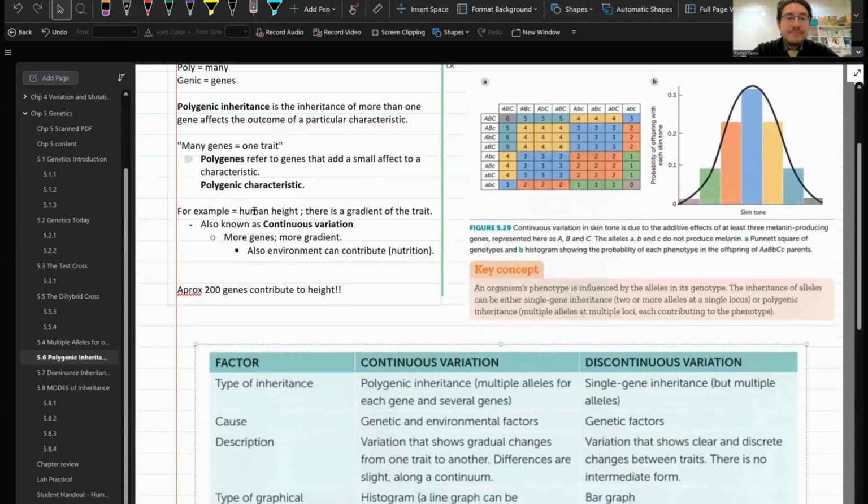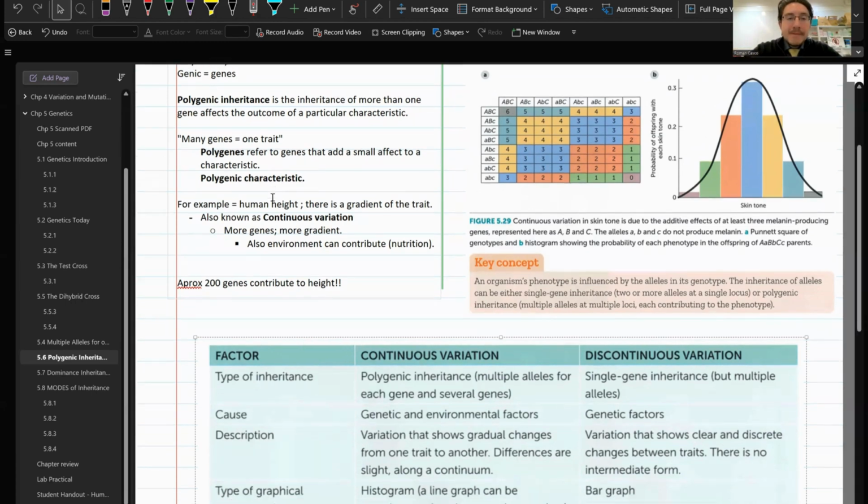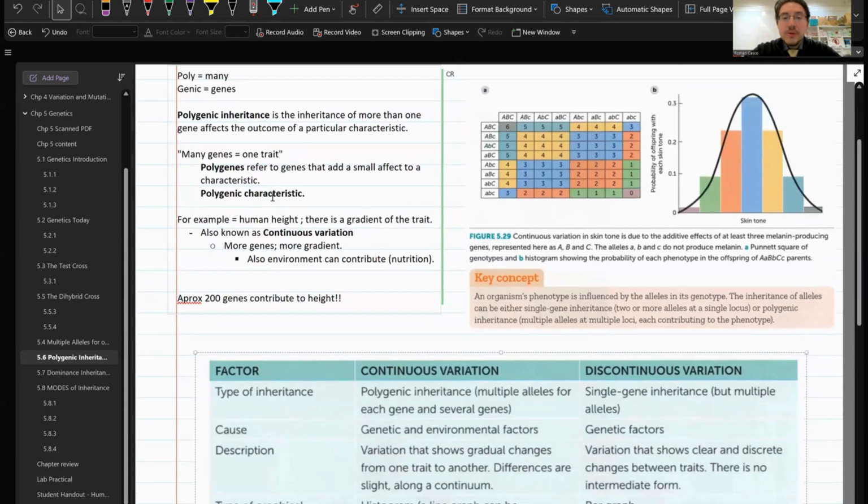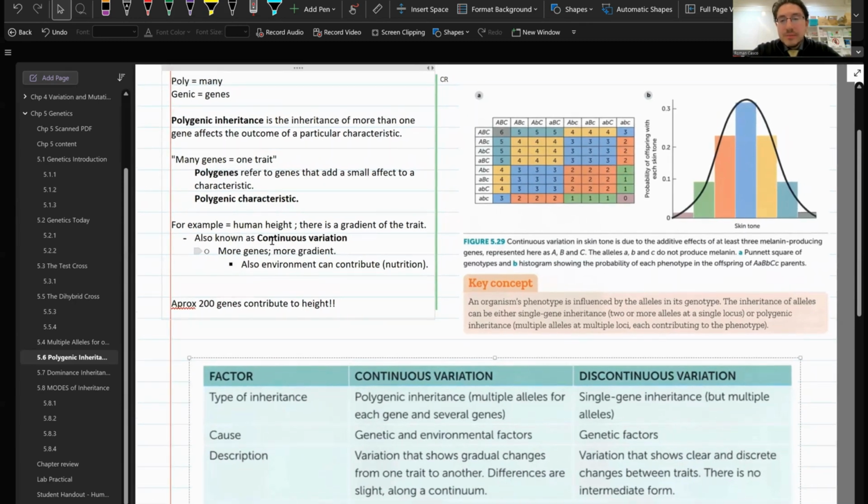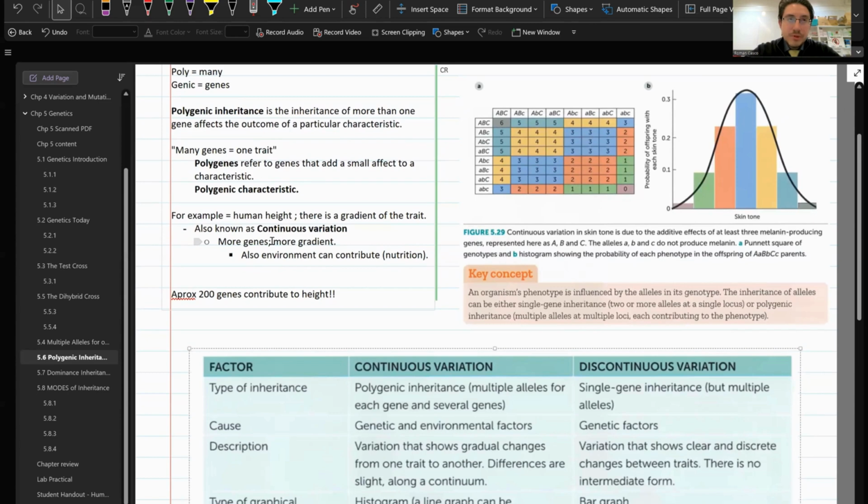So polygenes, you will see this often. Polygenes just refers to genes that add a small effect to a characteristic, but when you have many of them, they start to give you that overall feature. Several examples of this are human height and skin color. In this case, within the population, you'll see a gradient of the trait.